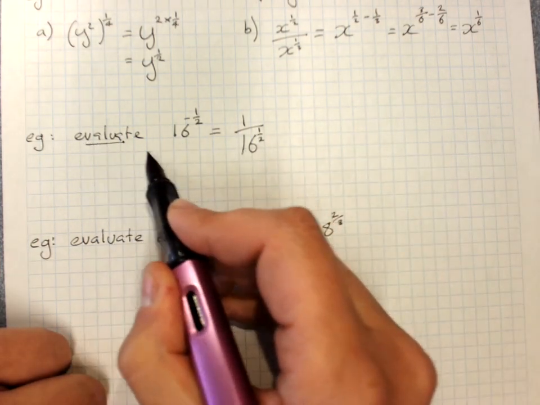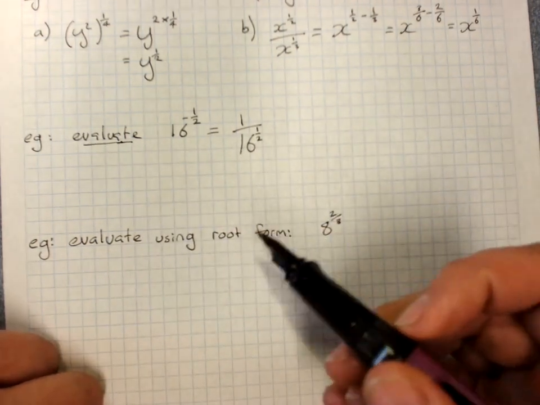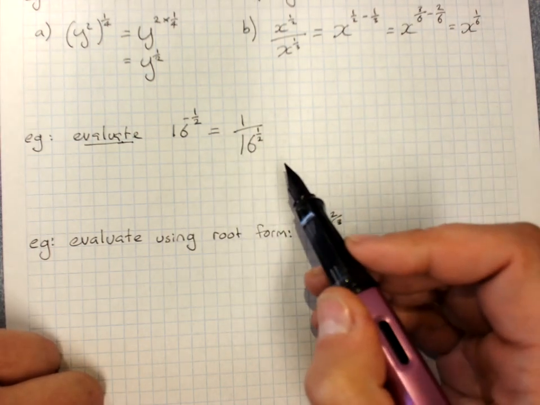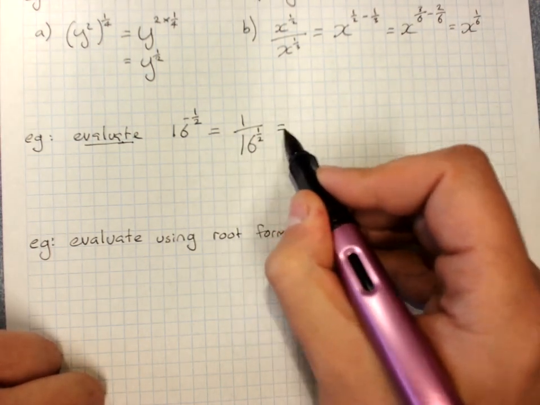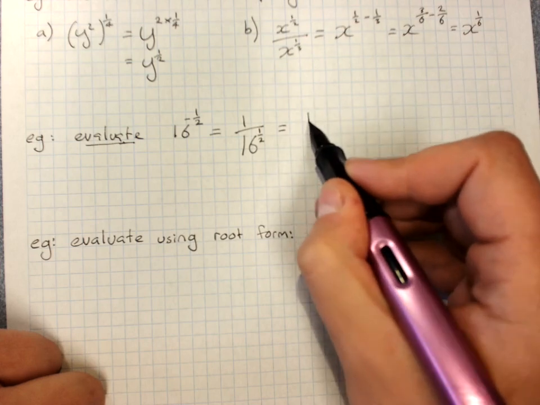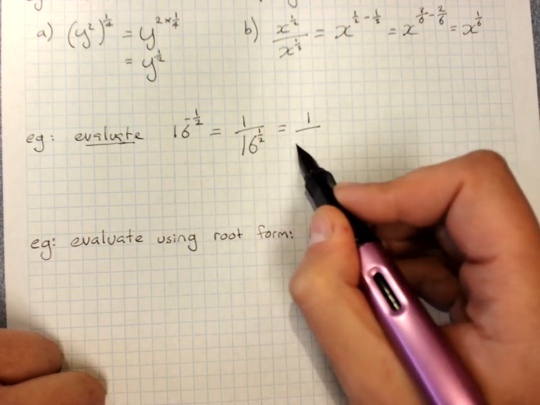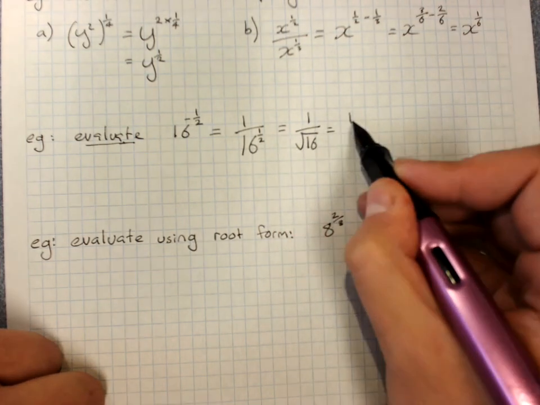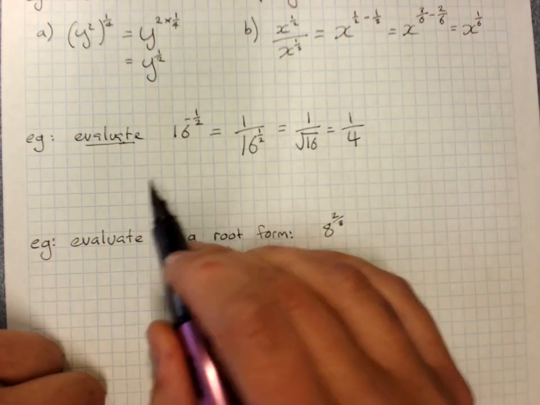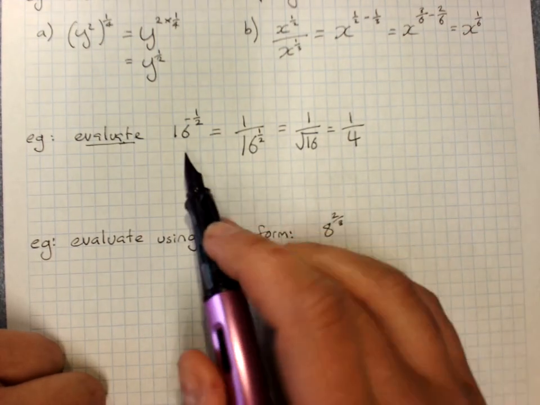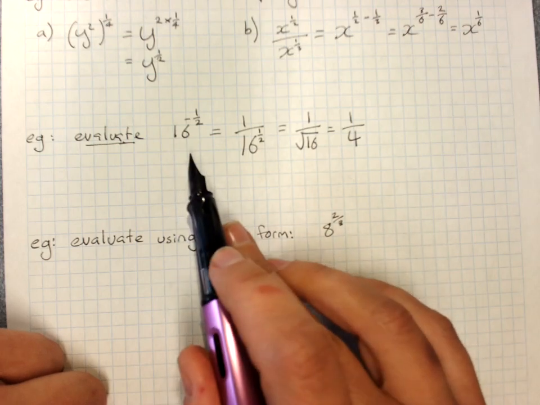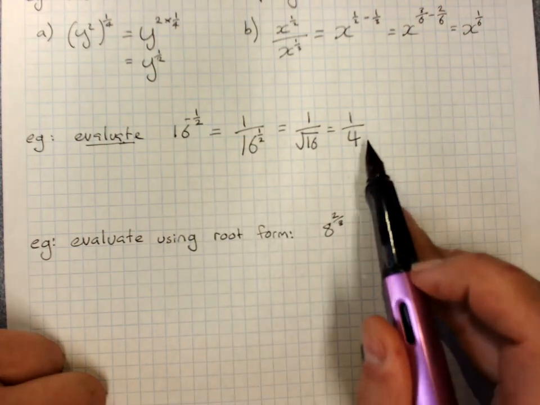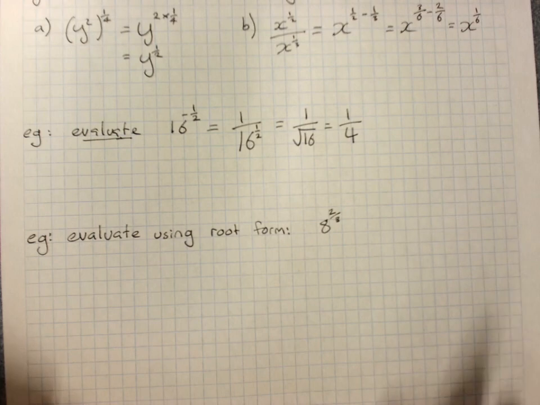Because they've said evaluate, that means I want the number answer or the fraction answer, obviously. And that means that surd form is going to support me best. 1 over the square root of 16, 1 over 4. We didn't need our calculator at all to evaluate this slightly scary looking power to something very meaningful.